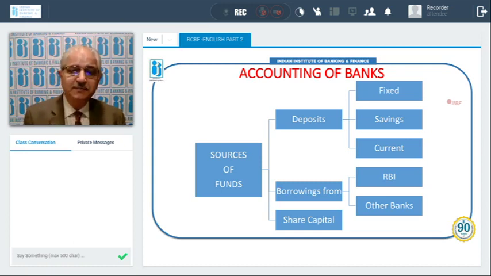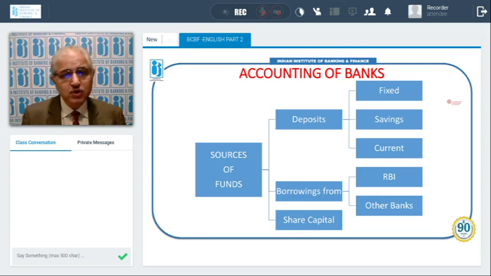Fixed deposits, where money is invested for a particular period, 6 months, 1 year, 2 years, 3 years, like that. Savings account, I think everybody knows what a savings bank account is. Then current accounts, which are maintained for business. Savings accounts are generally maintained by individuals.